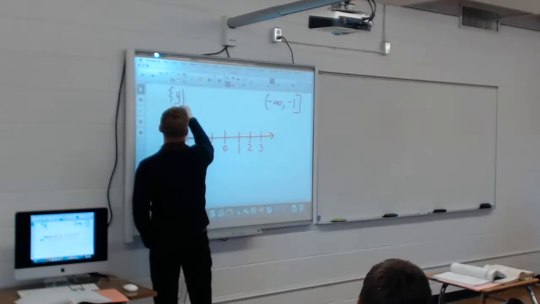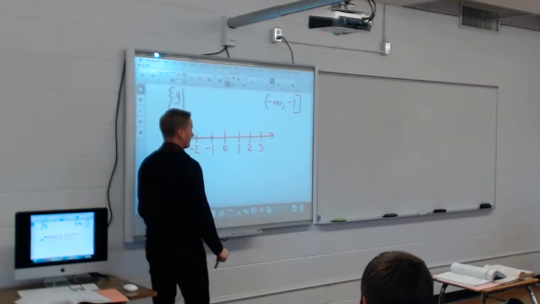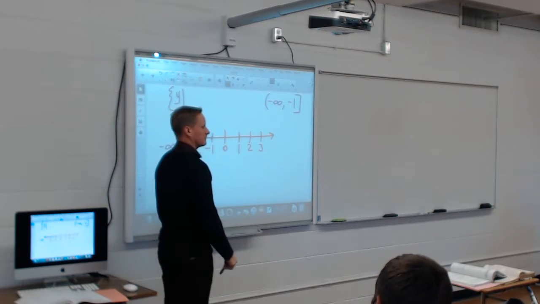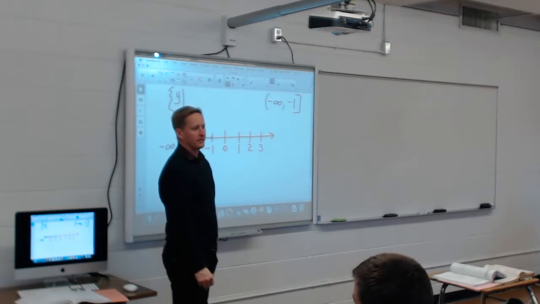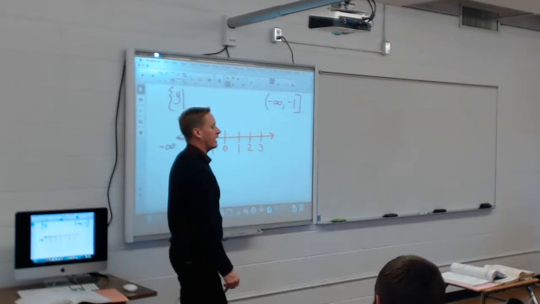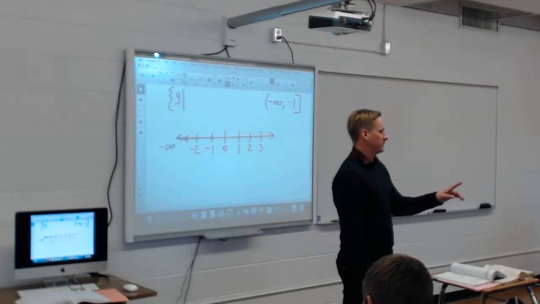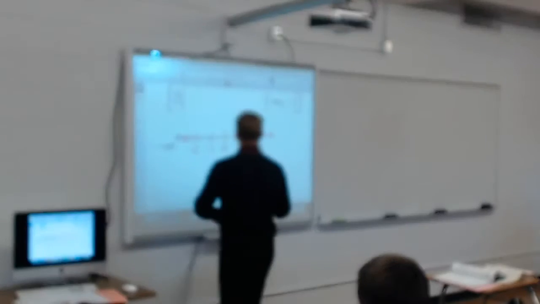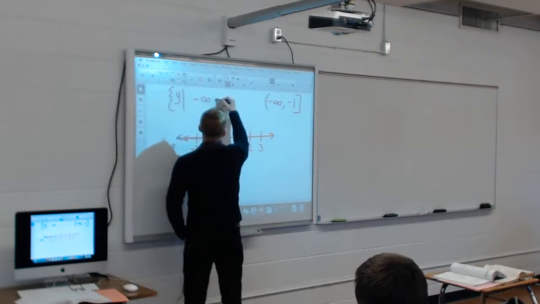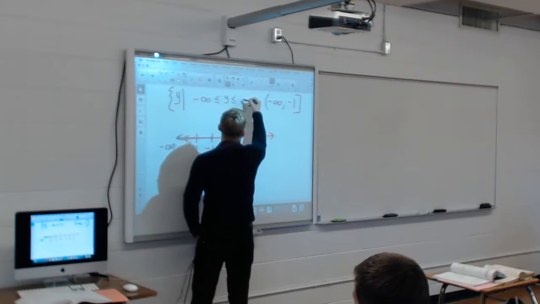Alright, so now I'll do it this way. Y such that. How do I describe this? Negative infinity less than y. Okay, you can do it that way. I don't want to. What the girls are saying is minus infinity less than or equal to y, less than or equal to -1.